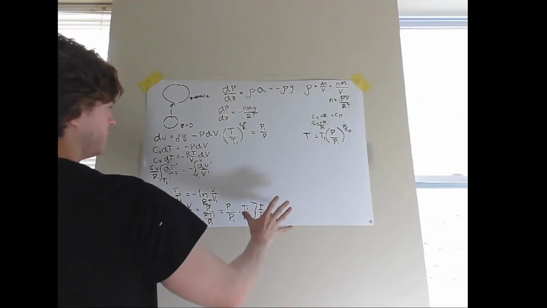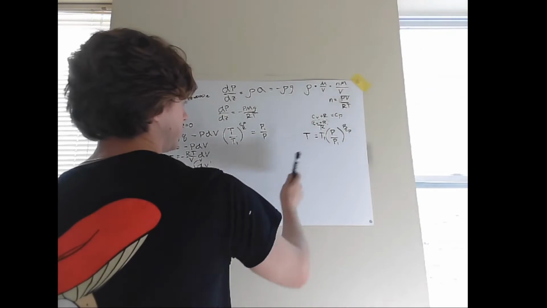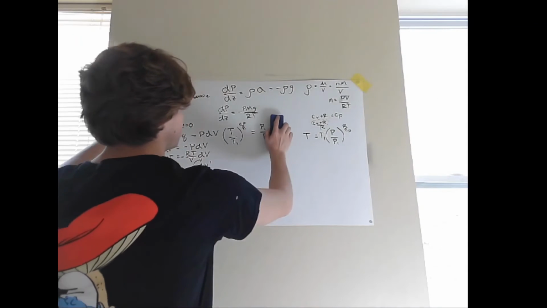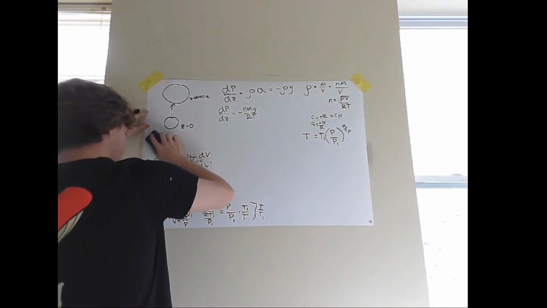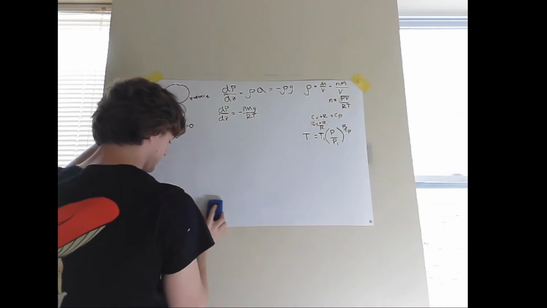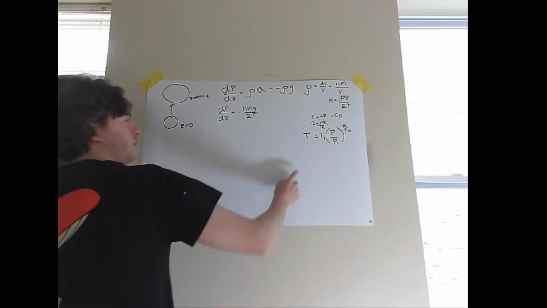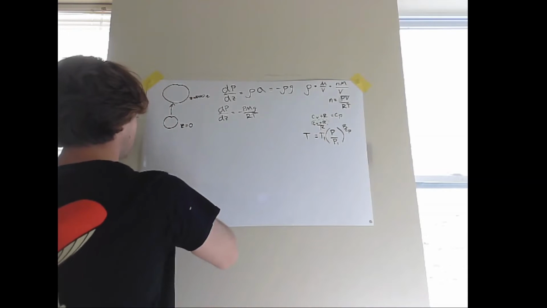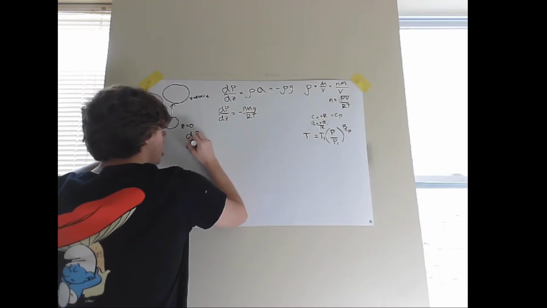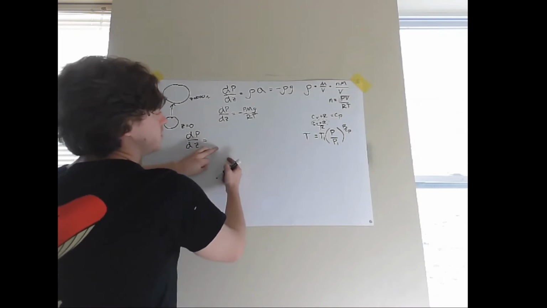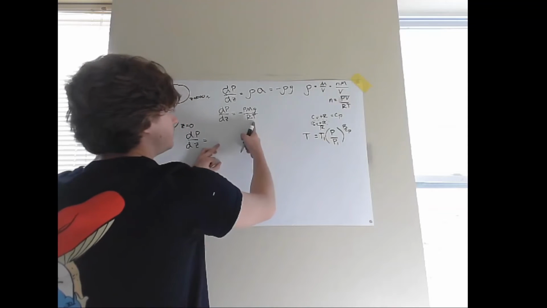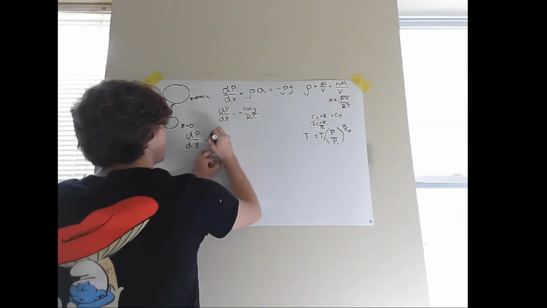But now I'm going to erase this, and we'll plug this expression into here and get the expression for pressure change with respect to altitude. So once we plug this into here, on the left side of the equation, we have dP over dz equals mg over RT, or mg over R is going to be pulled out.